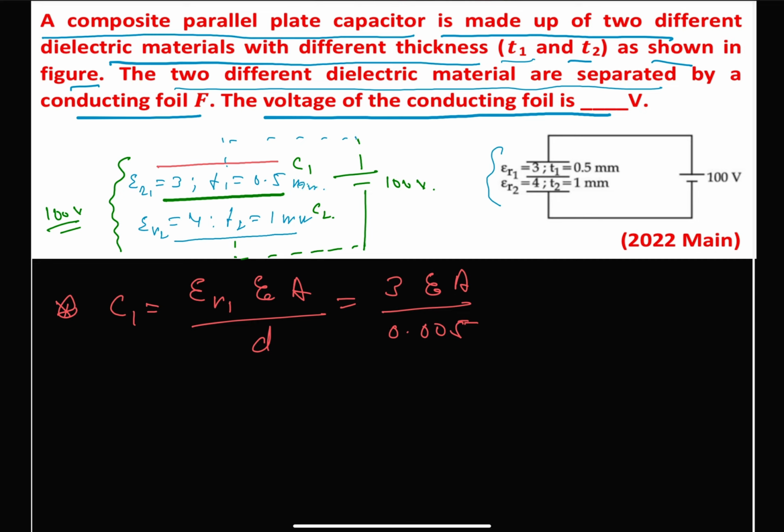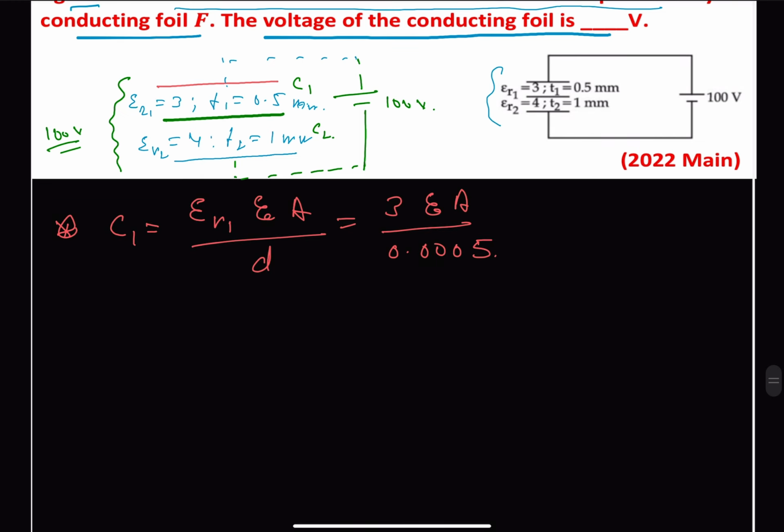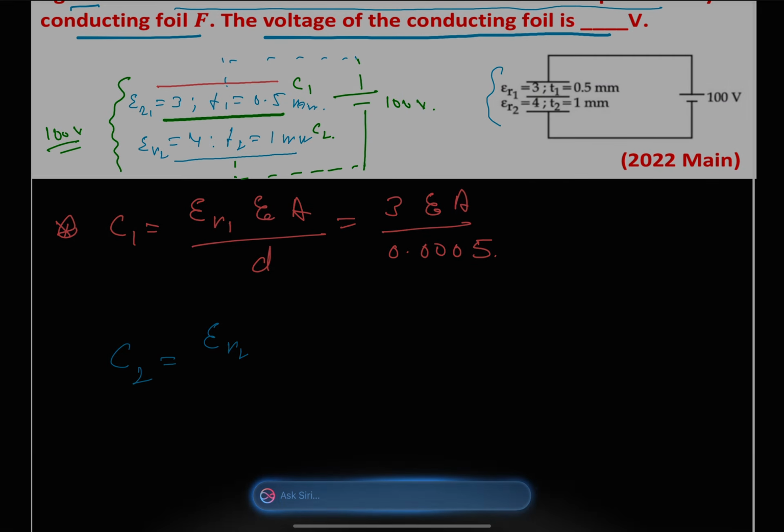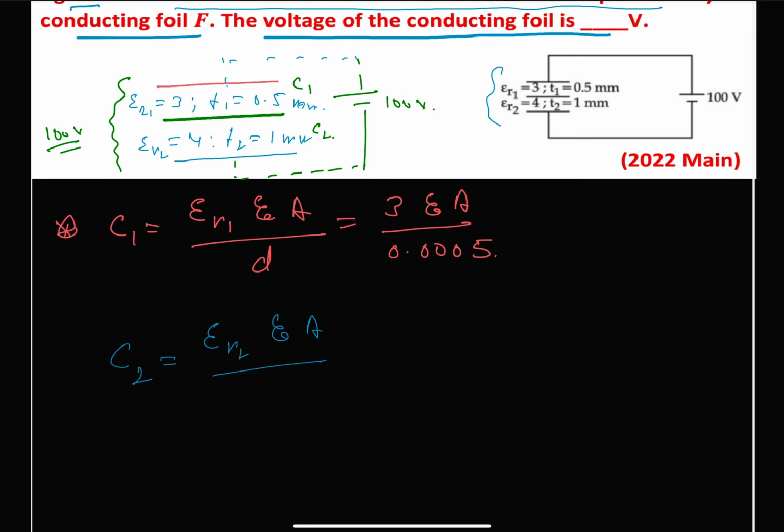Similarly, we can write for C2 will be equal to ER2 epsilon naught A upon D2, and this is given as 4 epsilon naught A divided by D2, which is about 1 millimeter, so it will be coming as 0.001.